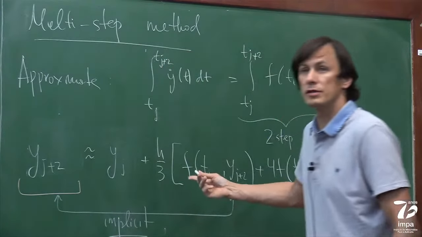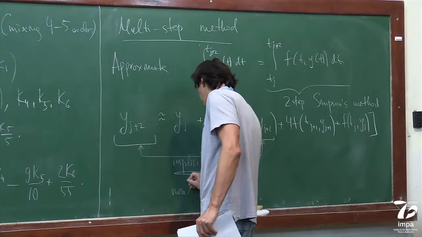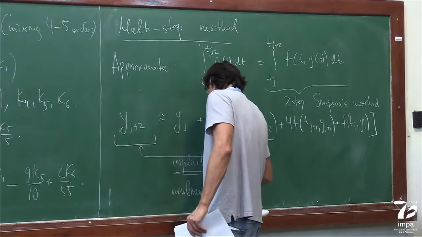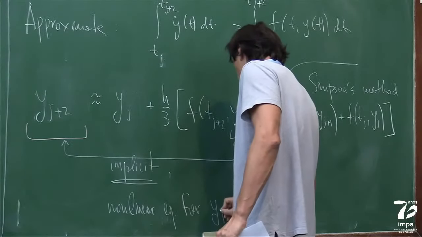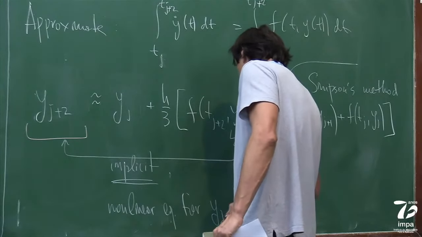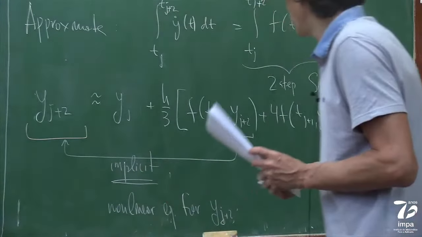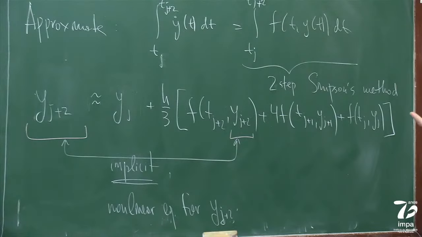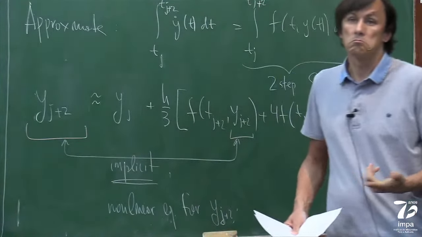It's a nonlinear equation, so every time you make a step, you have to solve this nonlinear equation with respect to yj plus 2.